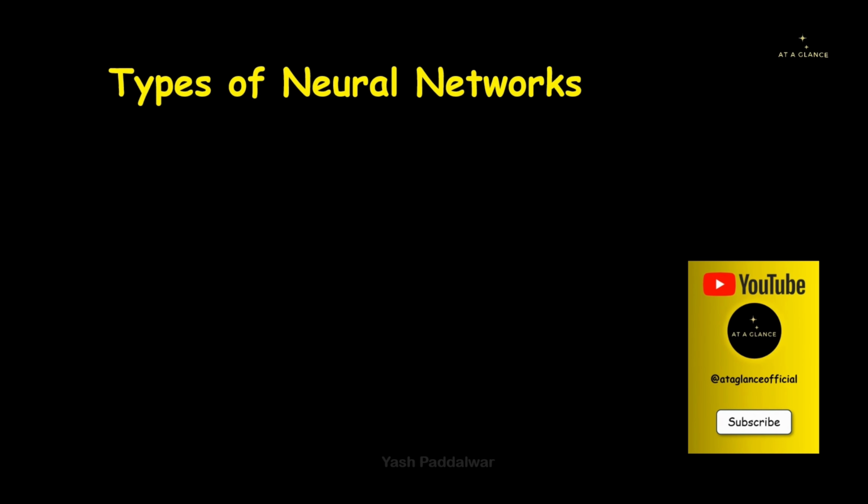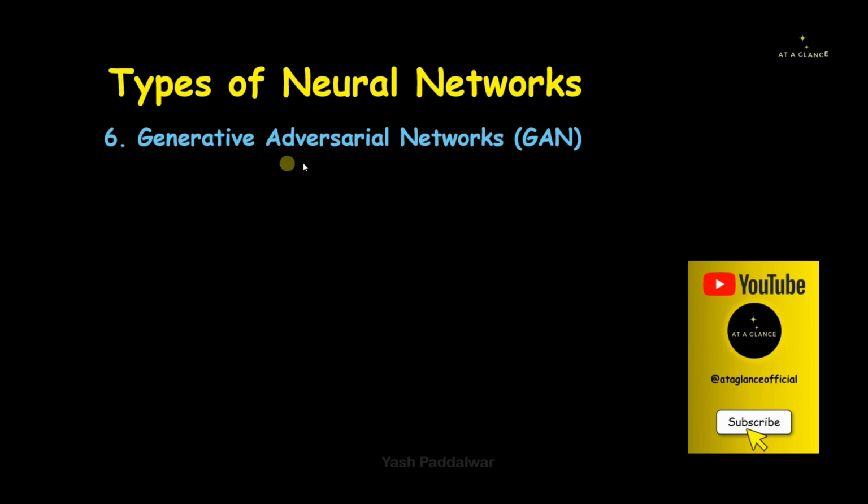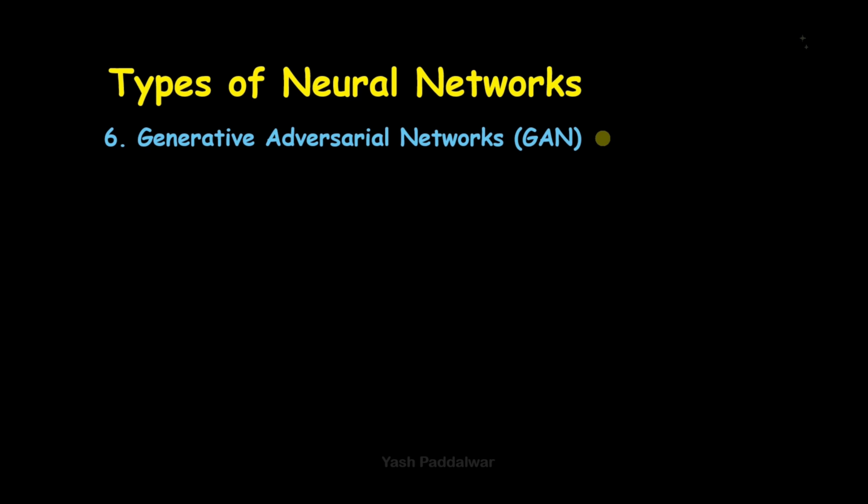Now let's move on to another type of neural network, which is Generative Adversarial Networks, also called GAN. This is the most popular type of neural network nowadays. ChatGPT, Google Bard is all about GAN.